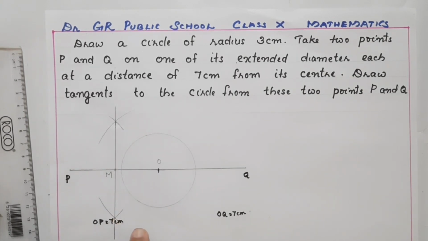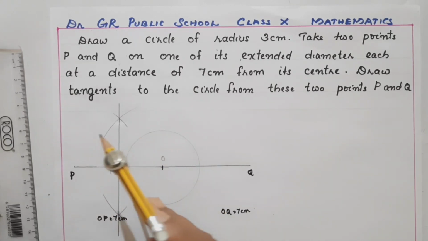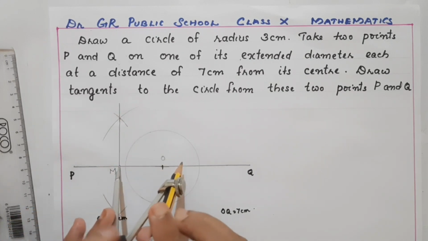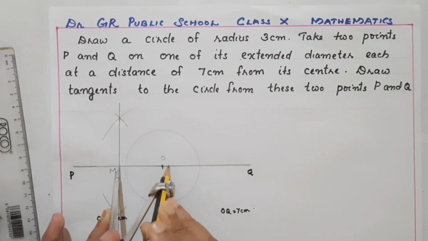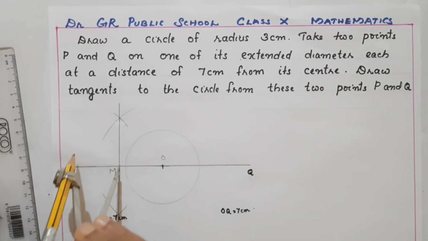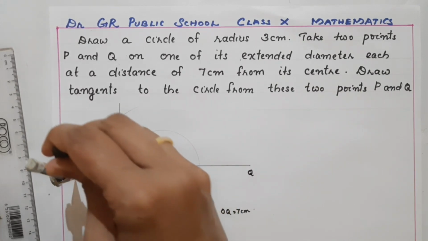point of contact. Okay, now with M as center and radius equal to this OM or PM, we can draw the circle.